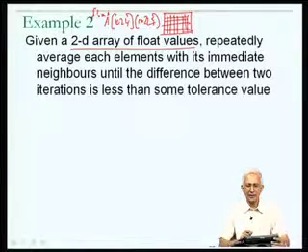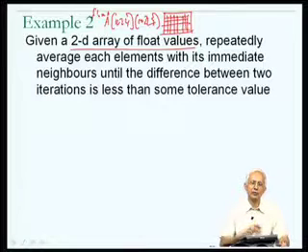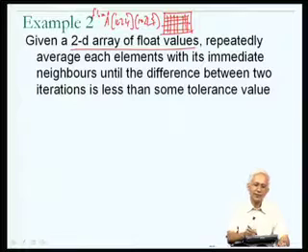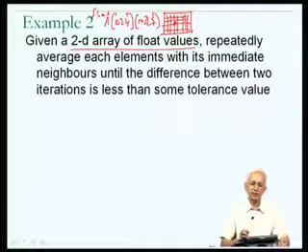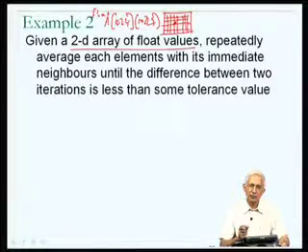Now, what the application has to do is that repeatedly, in other words, it's going to have some kind of an iterative loop. Each time through the loop, it has to find the average for each of the elements inside the array, computing the new value for that particular element of the array as the average of the value in that element with the values in its neighboring elements. And it will continue doing this iterative procedure until the difference between two iterations, as far as the values in the entire array are concerned, is not too much.